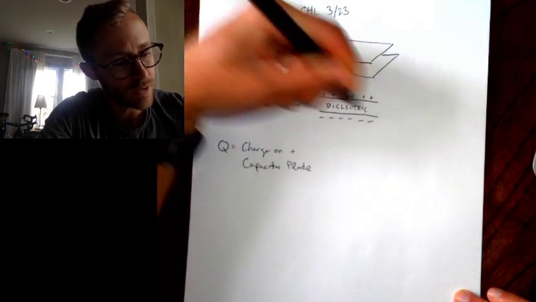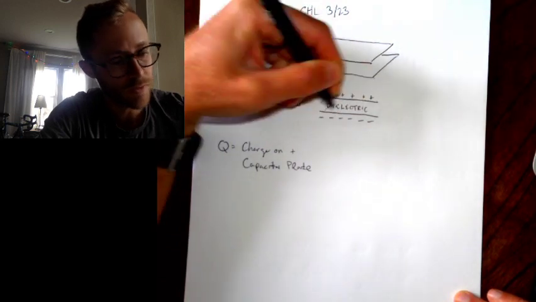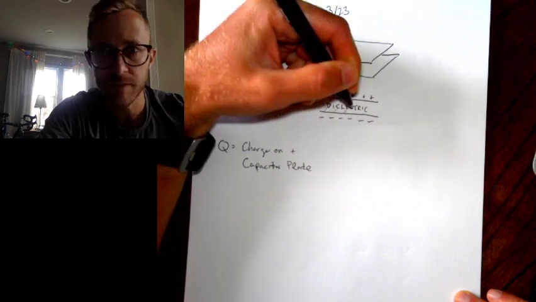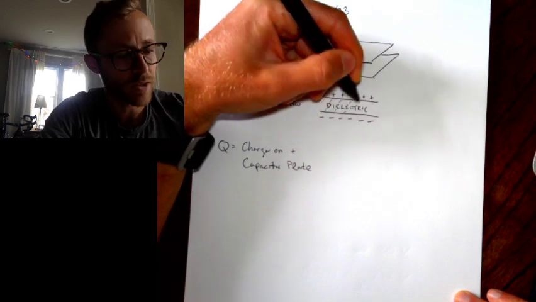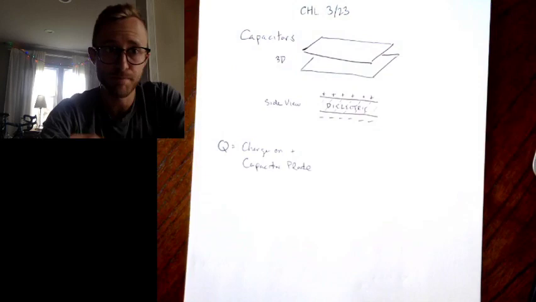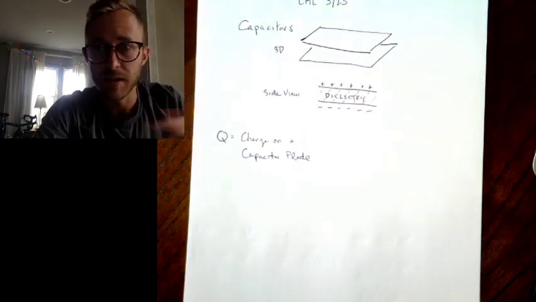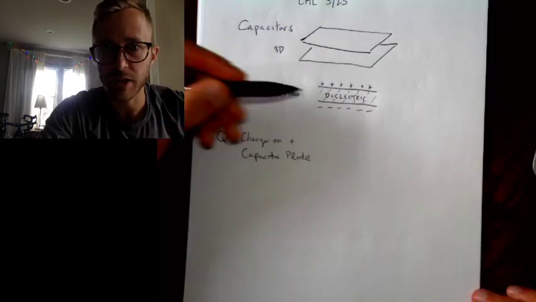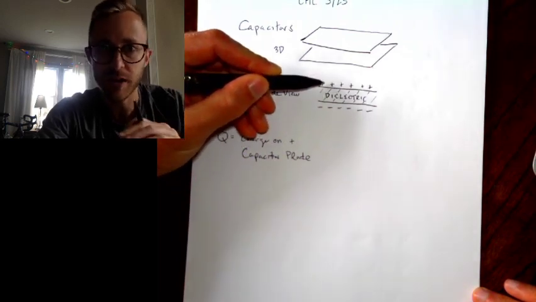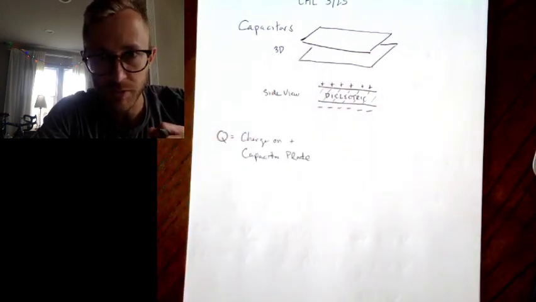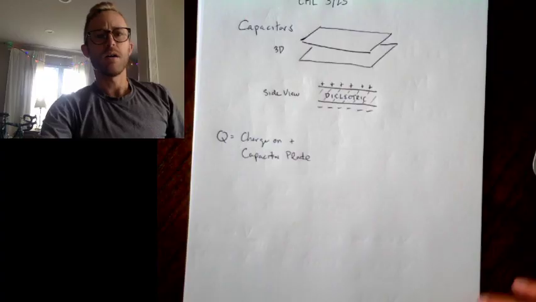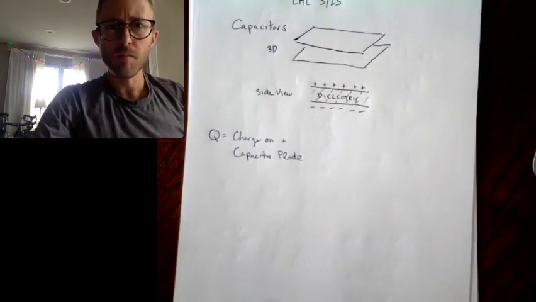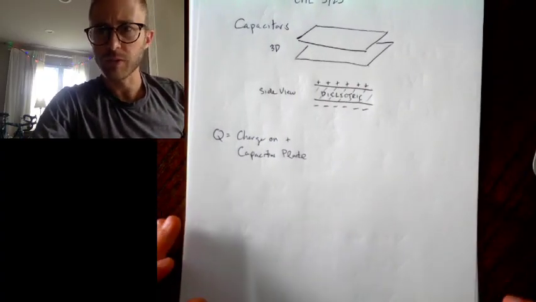It's just an insulating material that is in between the capacitor plates and prevents them from coming together. And it's an insulator, so the charge can't just leave the metal and go to the other side and equilibrate itself. So that's what a capacitor is.